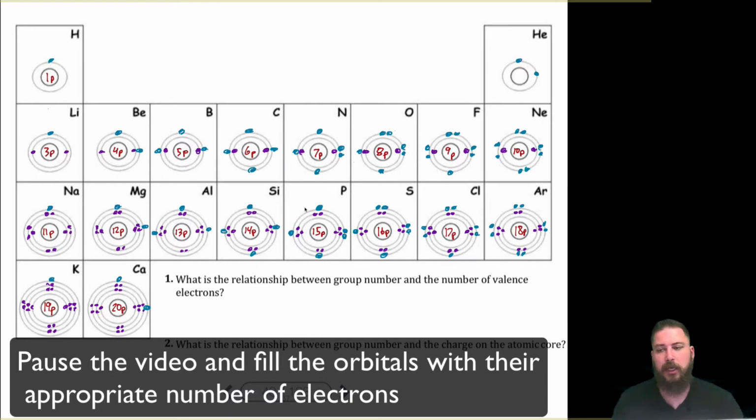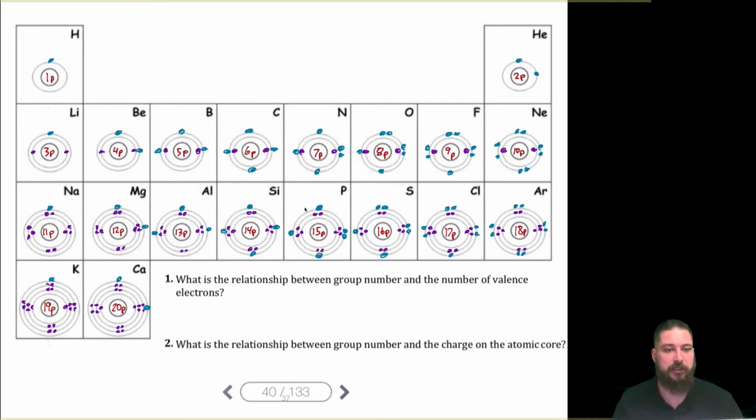And I also added the number of protons there. So go ahead and pause the video, and I want you to make it look like this. And we're going to take this concept and we're going to figure out what the effective nuclear charge of each element is for the valence electrons.